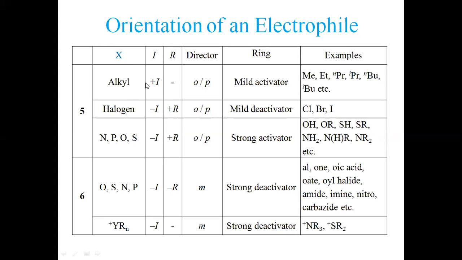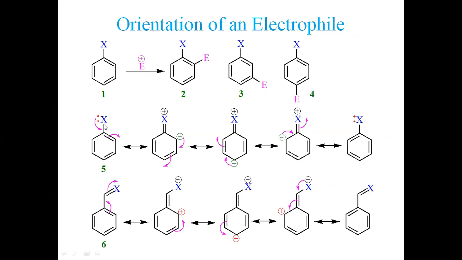Third category, which has no resonance effects: alkyl groups, methyl, ethyl, etc. They have no non-bonding electron pair, so they are not going to contribute. So they have zero resonance effect. Now, if you look at the previous slide, if this is carbon, this carbon shall be sp3 hybridized. So sp3 hybridized carbon is always less electronegative than sp2 hybridized.